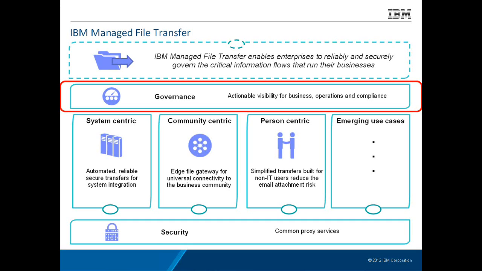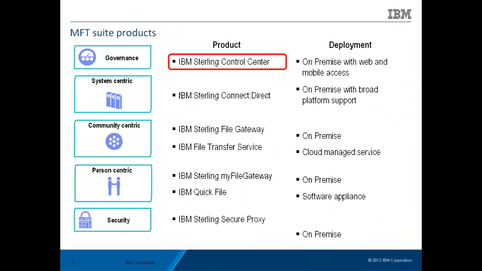When we talk about governance, what we normally see is: how do I gain visibility if I have FTP servers, various Connect Direct instances, various Sterling Integrator instances? How do I monitor data that is being transferred across these systems?